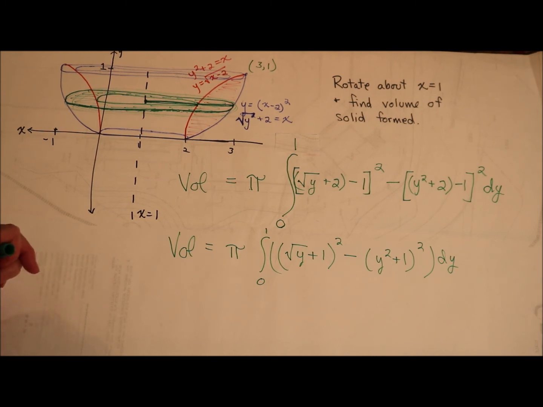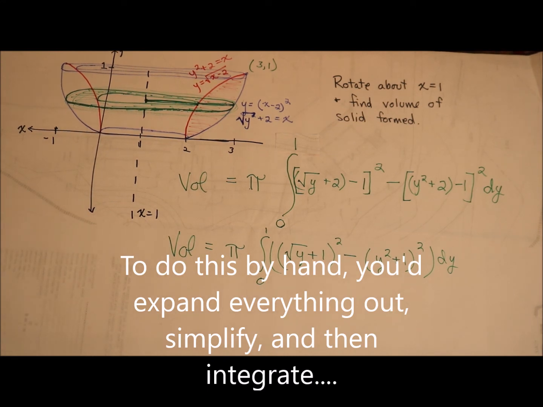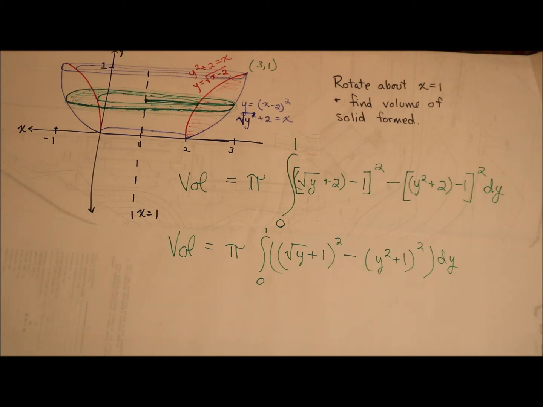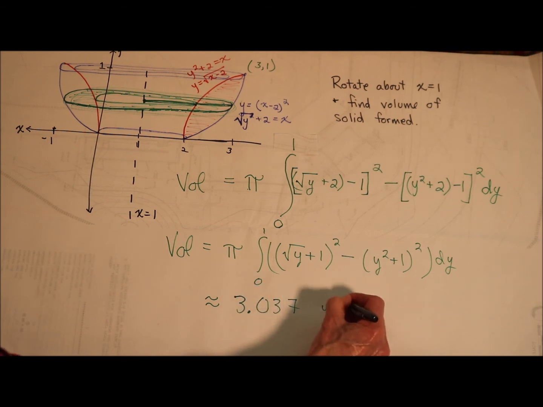Then you could do this by hand, which would be a hassle, or you can put it in your calculator. Remember, the calculator doesn't care if you are with respect to x or y. If my calculations are correct, the volume is approximately 3.037 cubic units.